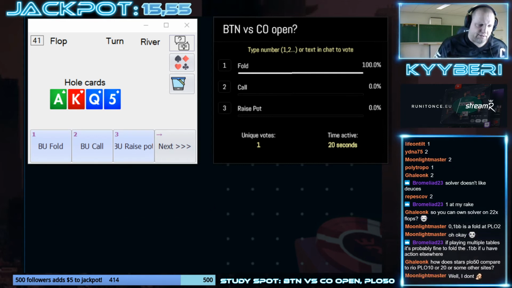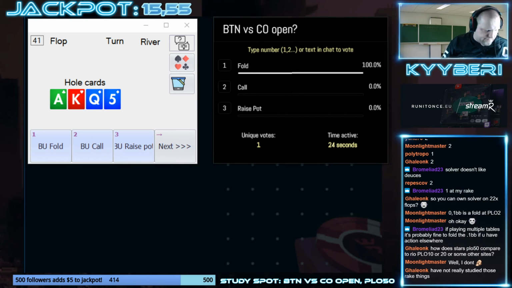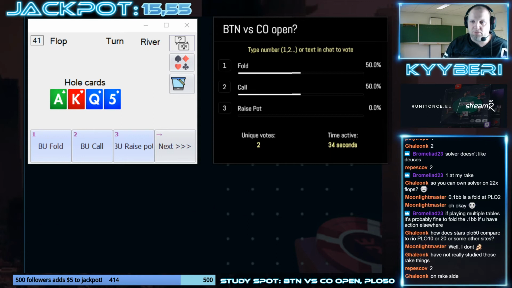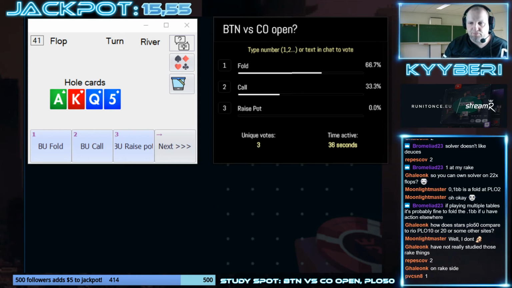Stars PLO50. Well, I don't know. Haven't played Stars PLO50 for years. But I played PLO25 and didn't see many good regs in Zoom. I mean, I didn't spot a single player that would give me a hard time.